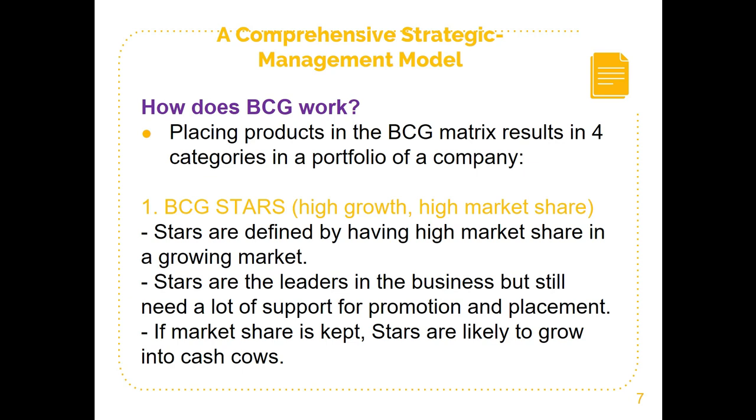Stars are defined by having high market share in a growing market. Stars are the leaders in the business but still need a lot of support for promotion and placement. If market share is kept, stars are likely to grow into cash cows.